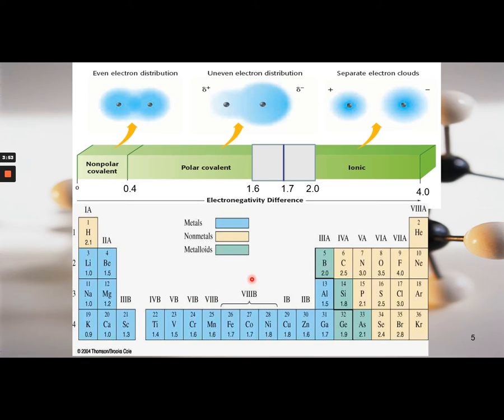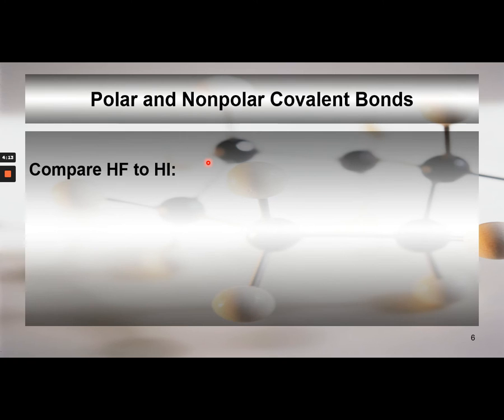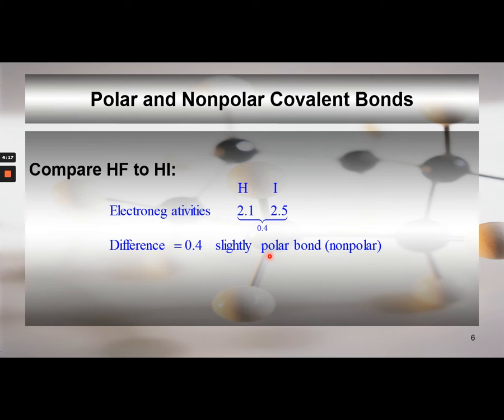So again, if we look at that 1.9 value, since it is 2 nonmetals, it falls in that little range. Again, hydrogen and fluorine have very different electronegativity values, very low electronegativity, high electronegativity, so it is very strongly polar covalent. But if we compared hydrogen iodide, our difference is 0.4.